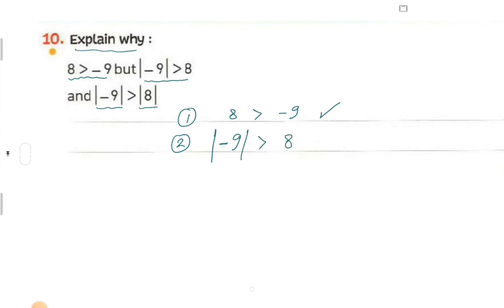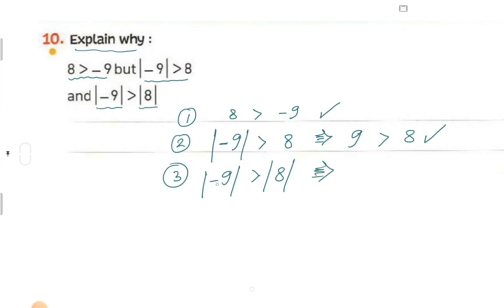Why? Because absolute value of -9 equal 9. Of course, 9 greater than 8. Point 3. Absolute value of -9 greater than absolute value of 8. Why? Because absolute value of -9 just 9 units, and absolute value of 8 itself 8. So 9 greater than 8. That's right.